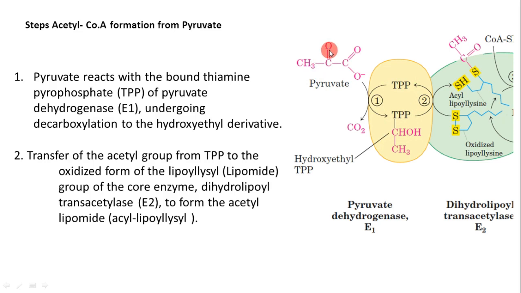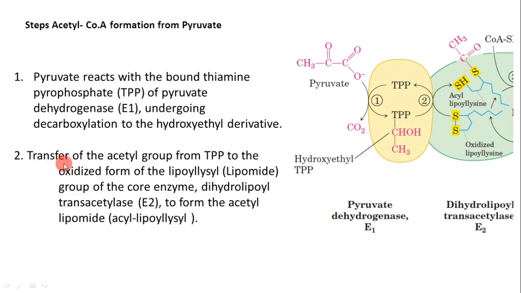The pyruvic acid, that is CH3COCOOH, undergoes condensation with thiamine pyrophosphate. During that reaction, carbon dioxide is eliminated from the COOH group, and the CO group is protonated into CHOH, and thereby the hydroxyethyl group is formed. This hydroxyethyl group will be attached to the thiamine pyrophosphate. This is the first step.